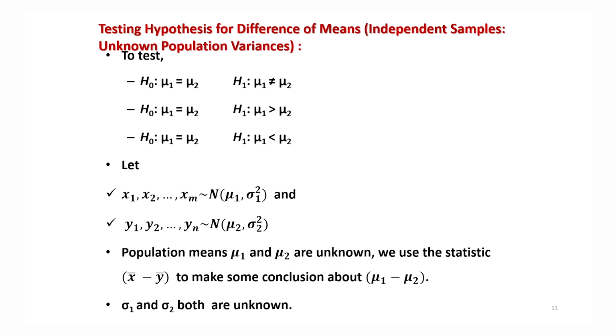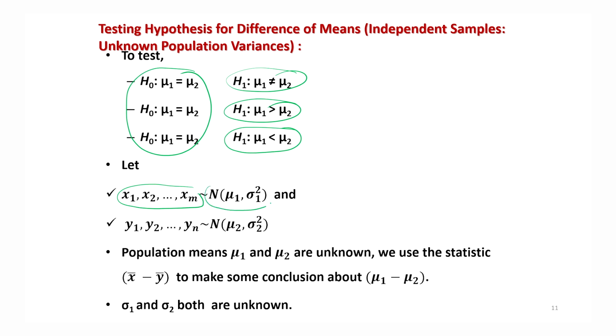So now we have the same set of hypotheses, that my null hypothesis is H naught: mu1 equal to mu2, and my alternative can be mu1 not equal to mu2, mu1 greater than mu2, or H1: mu1 less than mu2. Now we are observing a sample of size m, x1 to xm, from normal mu1 sigma 1 square, and another sample of size small n, y1, y2, up to yn, from normal mu2 sigma 2 square, right?